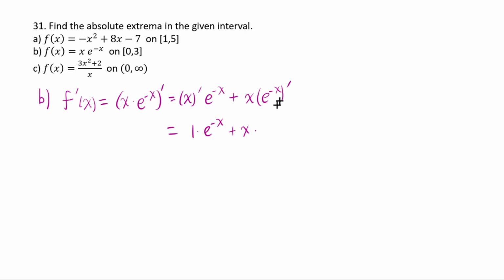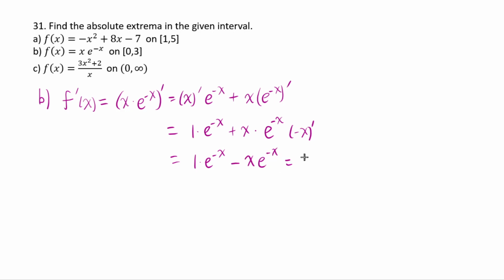And then when you differentiate e to the negative x, you have to use the chain rule. So think of this negative x as just x. That doesn't change because e to the x differentiates to e to the x. But then negative x, which is the inside function, has to be pulled out and differentiated. And that gives you 1 times e to the negative x minus x e to the negative x.